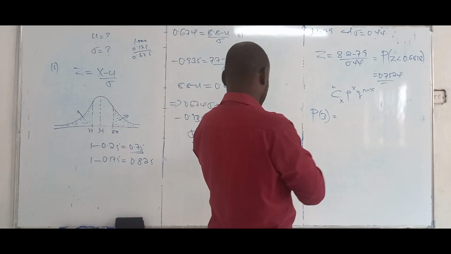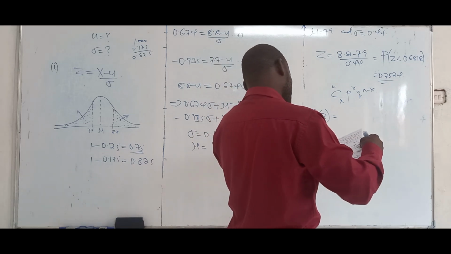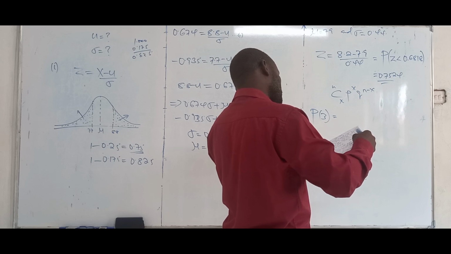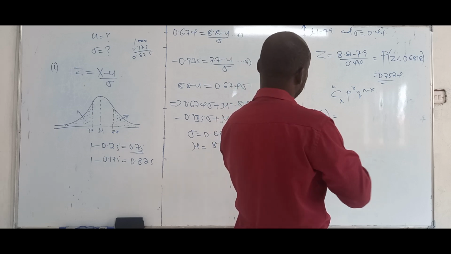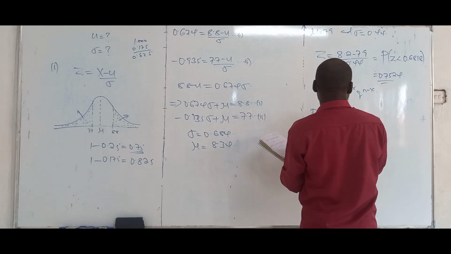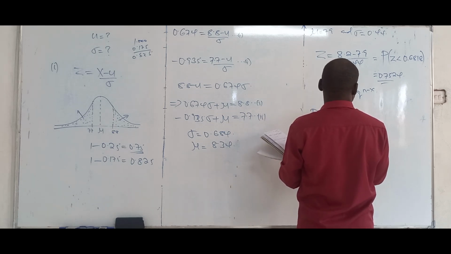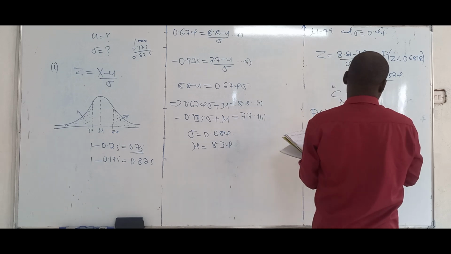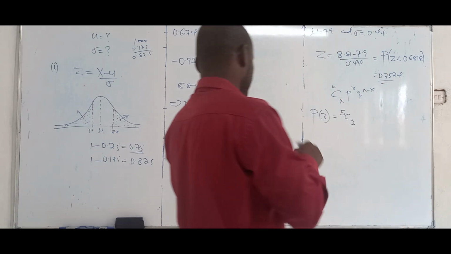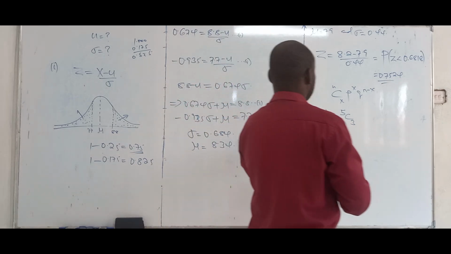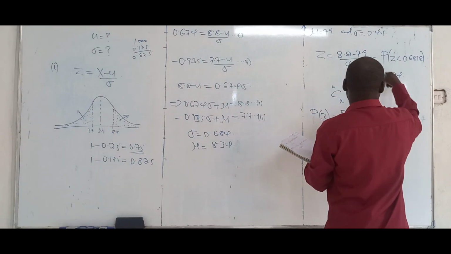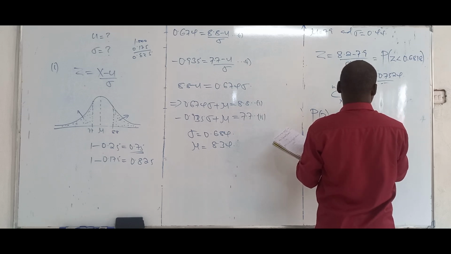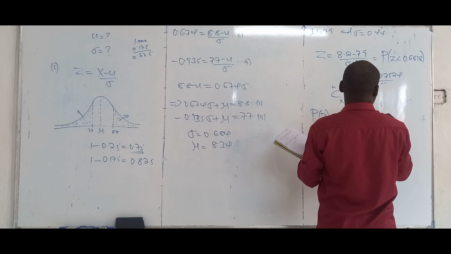So our n is 5, because somewhere along the way we are told the length in centimeters of middle fingers of women in Scotland have a normal distribution. So a sample of 5 women. So we will have 5 combination 3. Then the probability P of x becomes this that we got here, 0.7524.